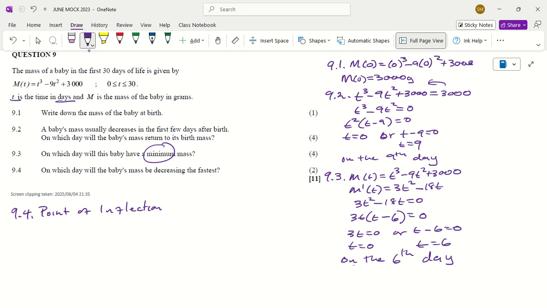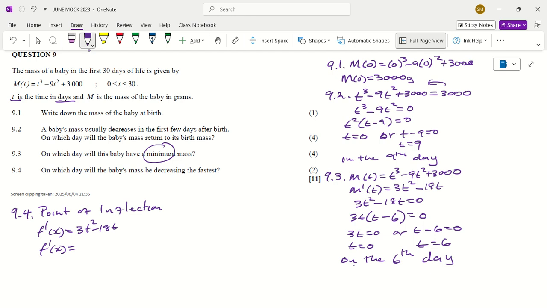So we need to find the point of inflection over here, and we know the first derivative here is equal to 3t squared minus 18t. Then we need to find the second derivative. I'm just going to keep up with f of x, but if you like, this is m of x, but I'm used to f of x.